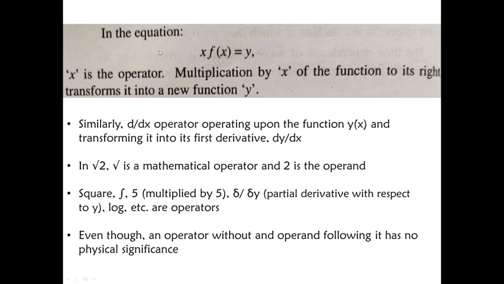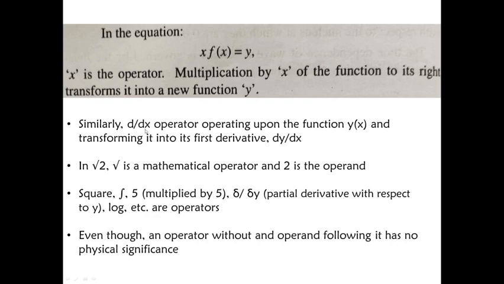Now we consider another equation, x f(x) equals y. So x is an operator acting on the function f(x) that will be converted into y. So x is an operator; multiplication of x with the function to its right transforms it into a new function y. So a mathematical operation has taken place here.